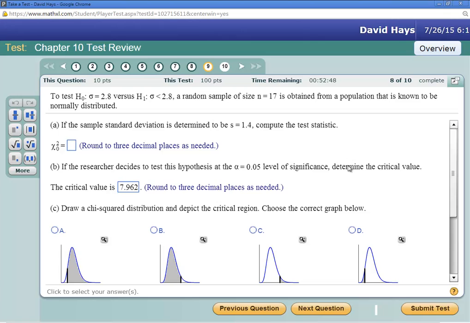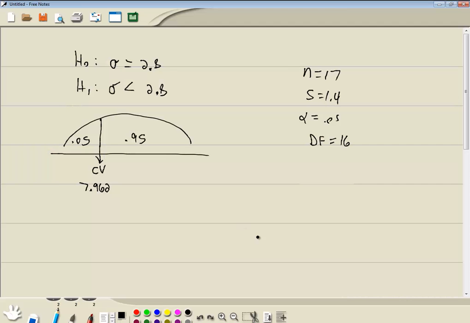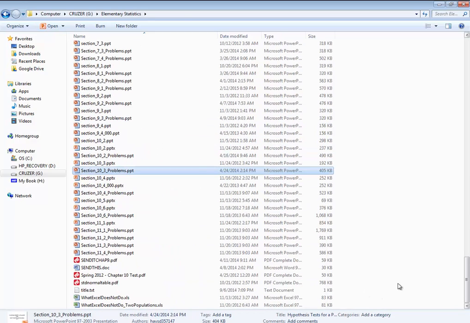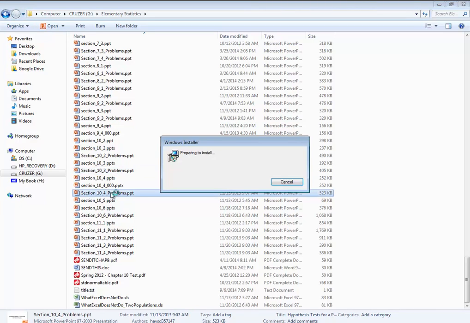Okay, our test statistic. I'm going to go look this up just to verify it, but I think our test statistic is n minus 1 times s squared over sigma naught squared. And let's see what we get.